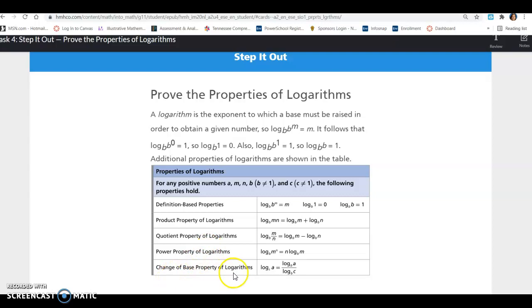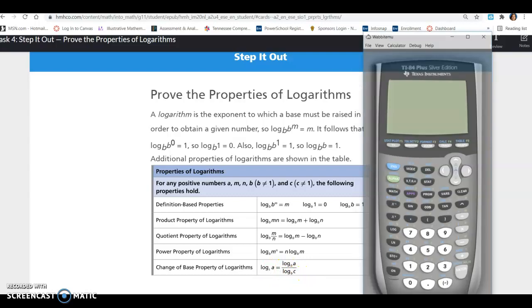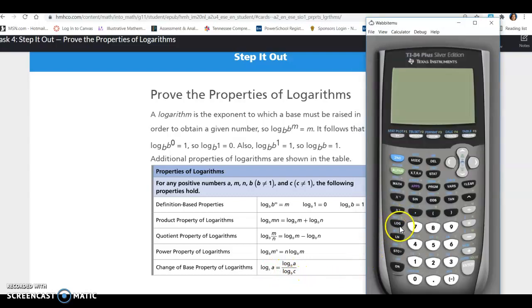And then change of base, we looked at it in one of the notes before. Change of base, if you've got log base c of a, if this is not a 10, we normally use change of base with 10 so that we can use the button on the calculator here. So we use this button if it has a base 10. So it would just be log of a over log of c.